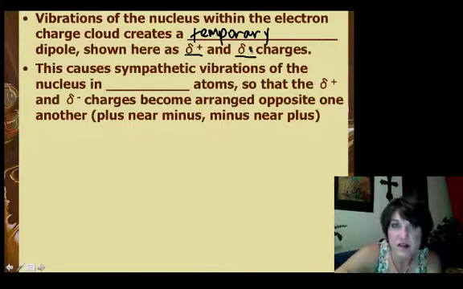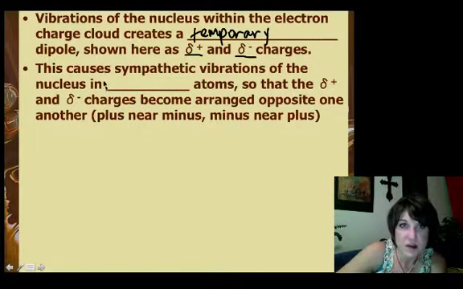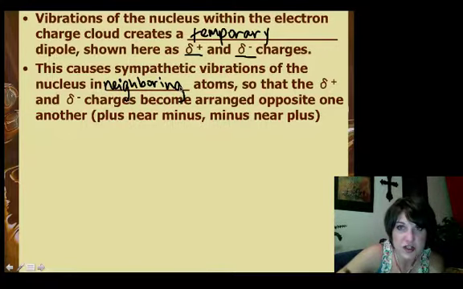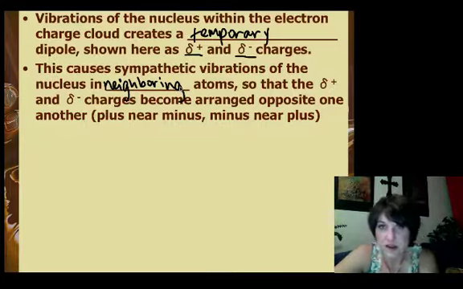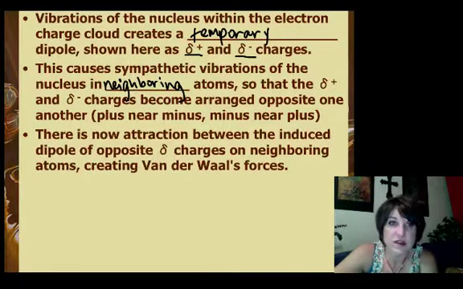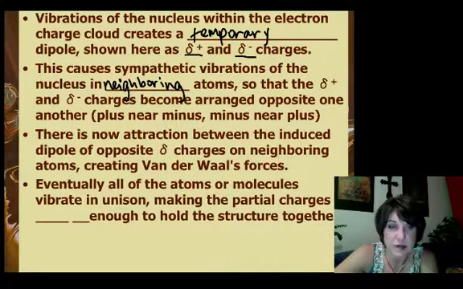This causes sympathetic vibrations in the nuclei of the neighboring atoms, so that a partial positive and partial negative charge become arranged opposite of one another. The plus gets near the minus and the minus near the plus. So now there's an attraction between the induced dipole of opposite partial charges on neighboring atoms, and this is what creates the van der Waals force.